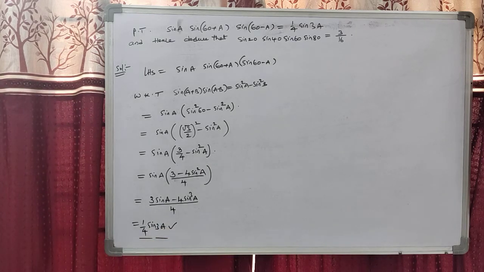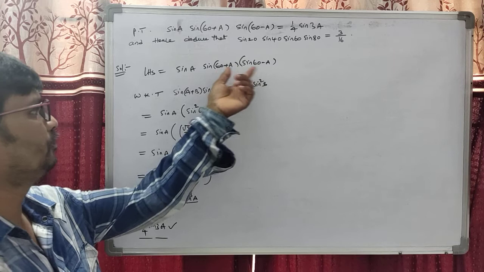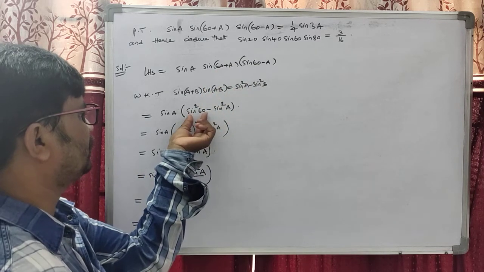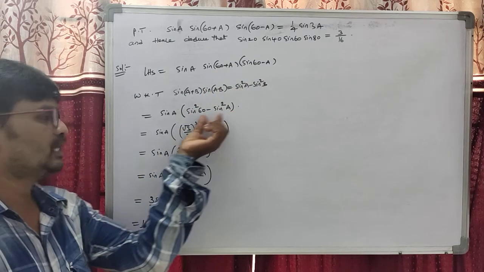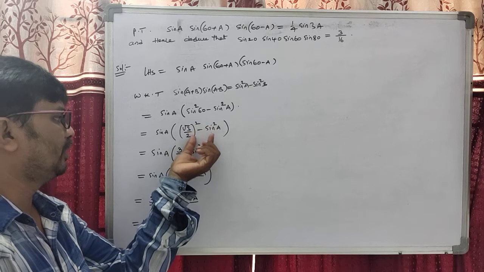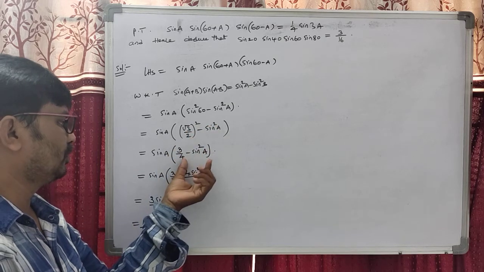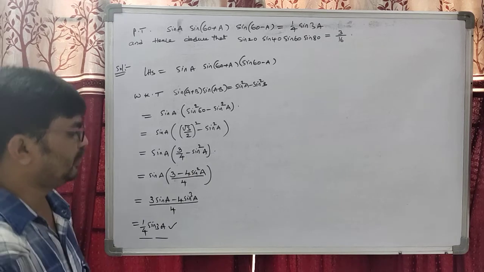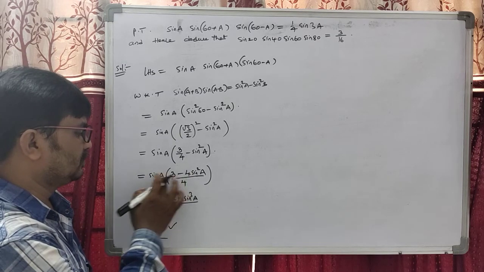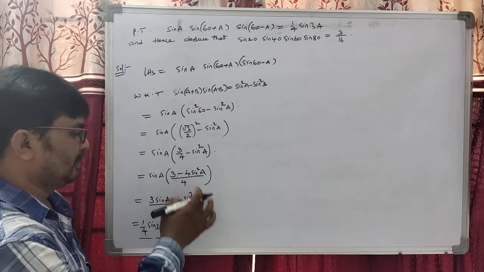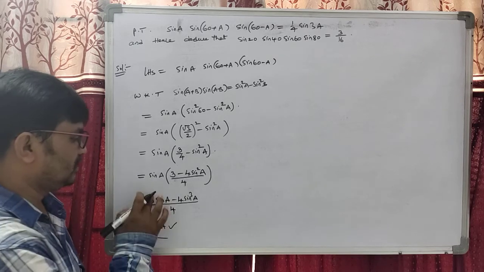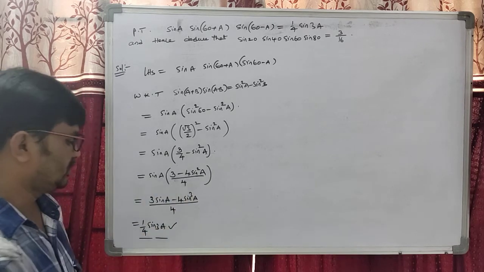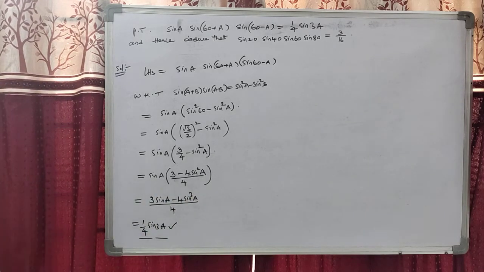How can you write? This is sine A plus B into sine A minus B, sine square A minus sine square B. Sine 60 is root of 3 by 2 whole square, 3 by 4 minus sine square A. Now we have to multiply with sine A: 3 sine A minus 4 sine cube A, which is sine 3A by 4.